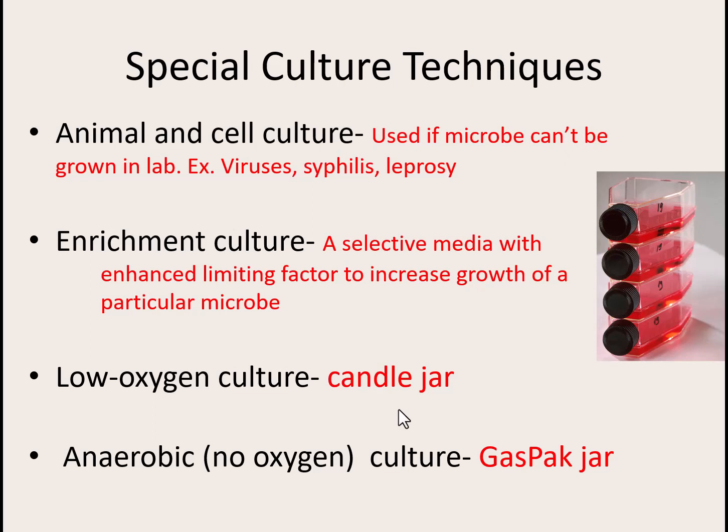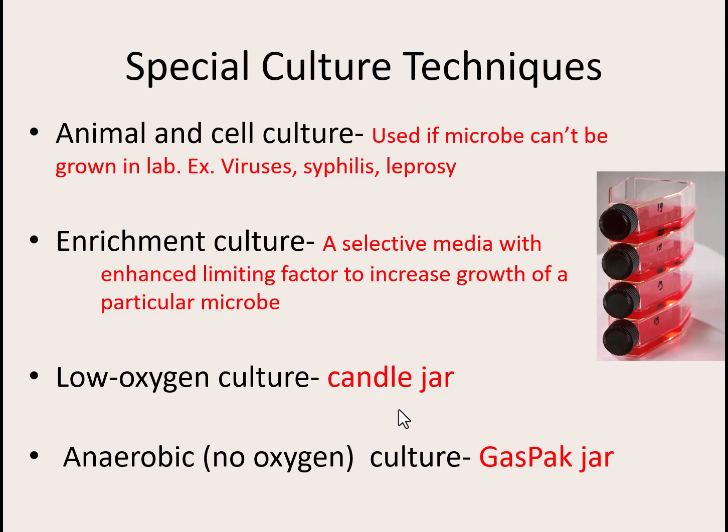An enrichment culture uses a selective substance that enhances one particular, I don't want to say limiting factor, but it enhances something that that particular organism really needs to grow.